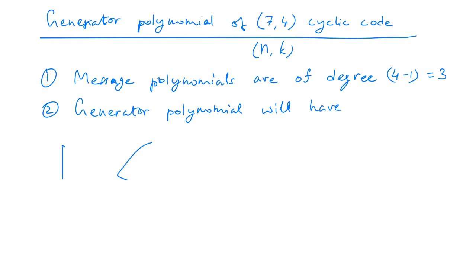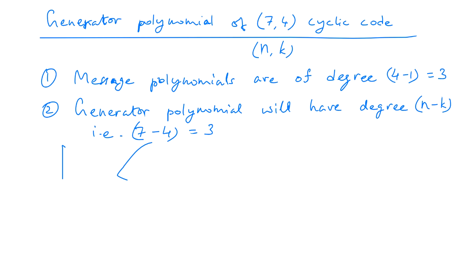We are not representing the parity bits as a polynomial, but we are talking about the generator polynomial, which multiplied with the message polynomial will create the code word. So the generator polynomial will have degree n minus k. In this case, n minus k is 7 minus 4, which is equal to 3. So the generator polynomial is also going to be of degree 3.